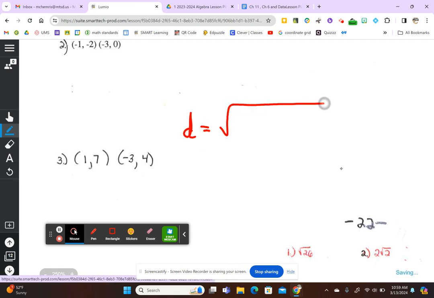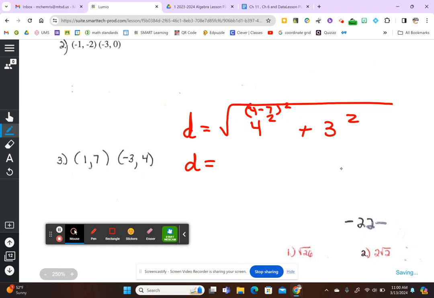So d equals the square root, the difference in my x's is 4, and the difference in my y's is 3. So I get d equals, and I guess I should say 4 minus 7 squared. Sorry, I did that backwards.